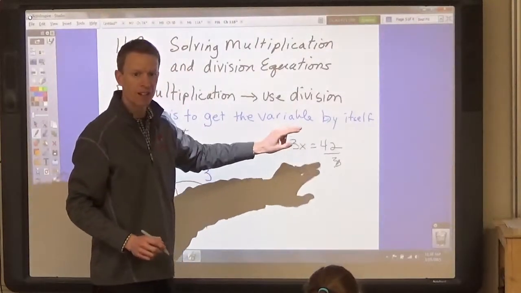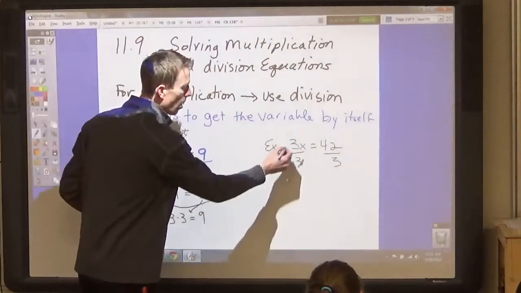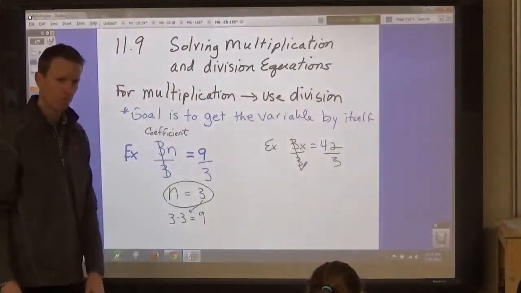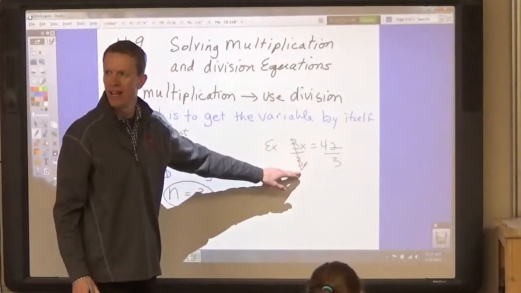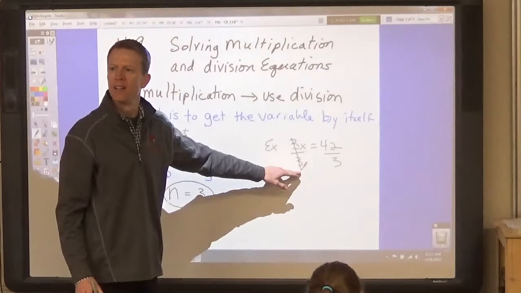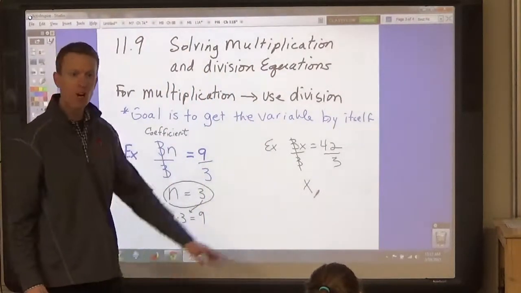We have to divide both sides by 3, because we have to cross out these 3's. 3 divided by 3 is what? Asa? 1. So that leaves 1x. That's how we prove the solution.